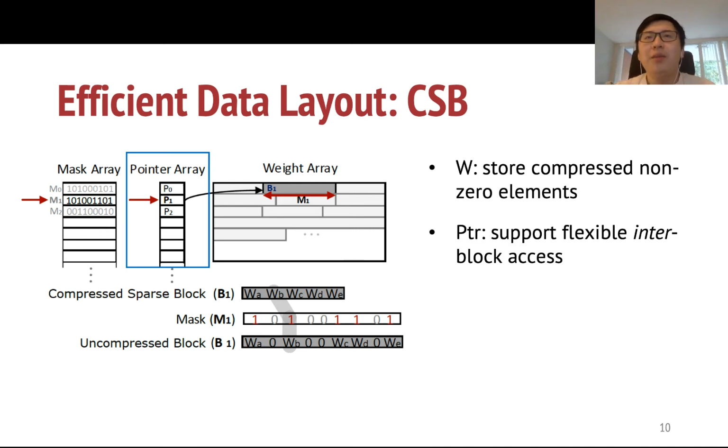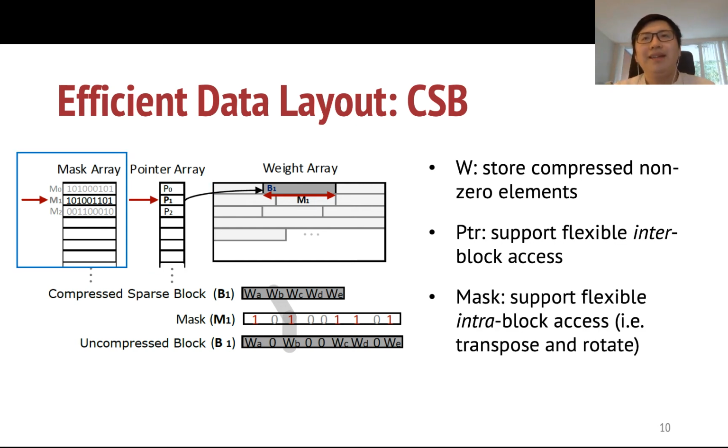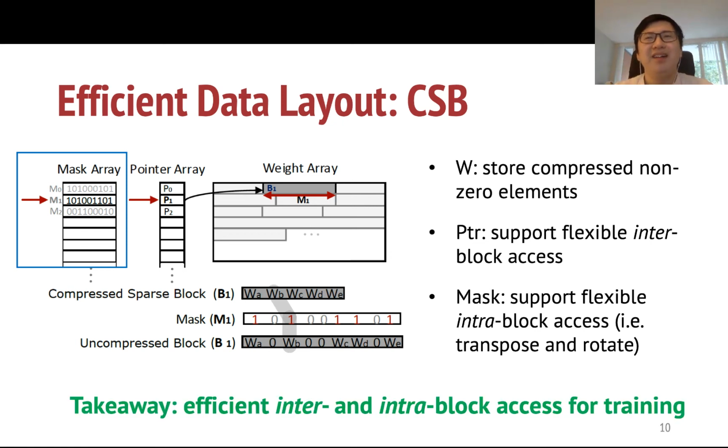This is required because weight blocks are accessed in different order for different training phases. The other is the mask array, which contains masks for each block. This supports flexible intra-block access, as we can decode the compressed block differently if we need to access transposed or rotated blocks. The takeaway is that we develop an efficient data layout to support efficient inter- and intra-block access that is suitable for training.